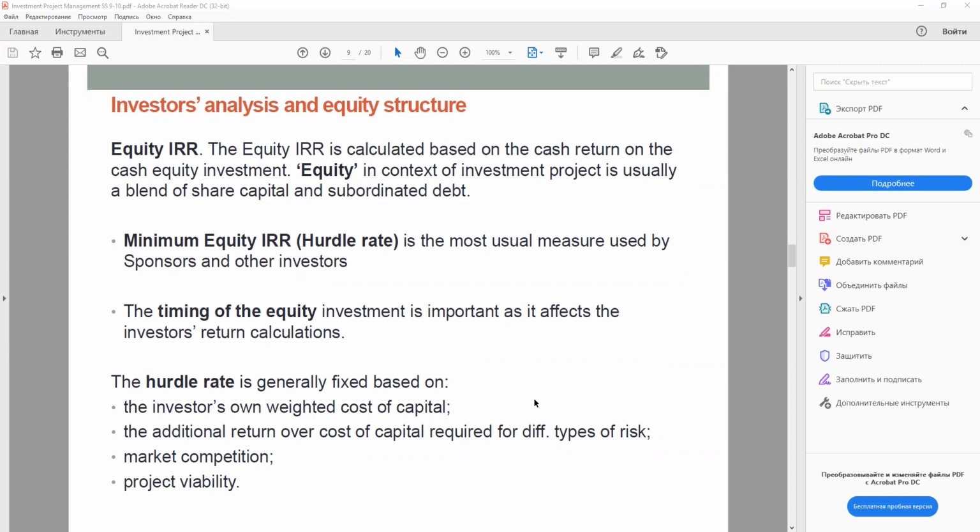So what is the equity IRR? The equity IRR is calculated based on the cash return on the cash equity investment. So if the equity is invested, say, over a 2-year construction period, each sum invested is taken into the IRR calculation as and when the investment is made.